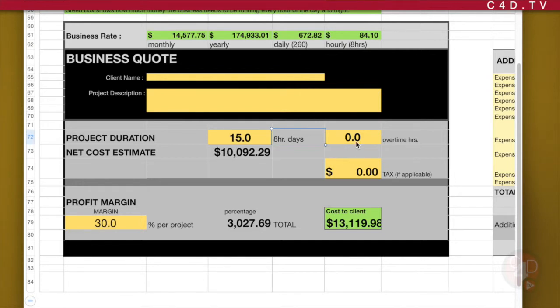I don't know. So let's say that you will have at least 2 hours every single day working overtime. So 15 times 2 is 30 hours. Okay, so it's 2 hours overtime every single day. So in here is 15 days, which are 8-hour days, and in here is the total of overtime hours that you calculate. So the project, whatever it is, is going to cost at least $13,876.90.